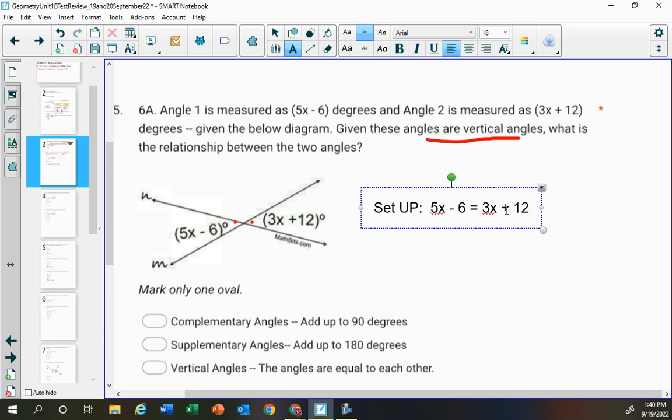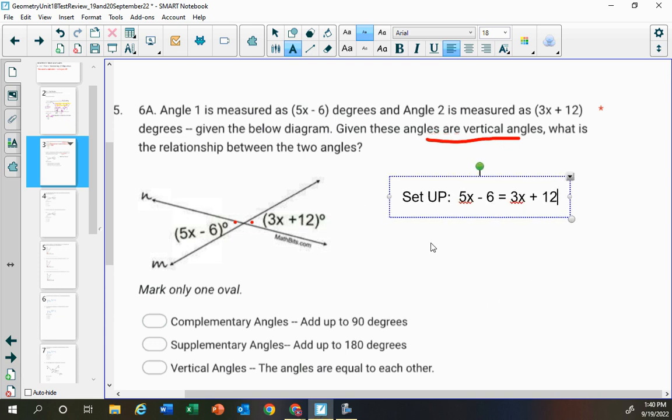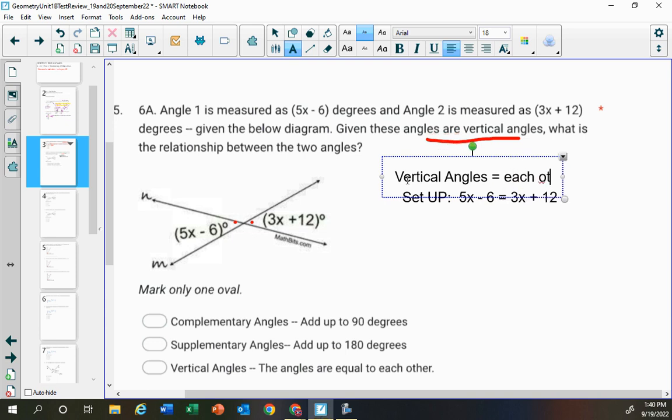That's what you're going to do for your next problem. On your test, I'm going to ask you one of the following. Since they're vertical angles, they equal each other.